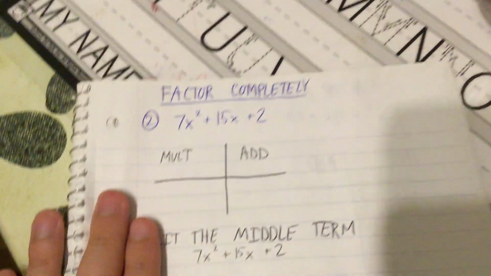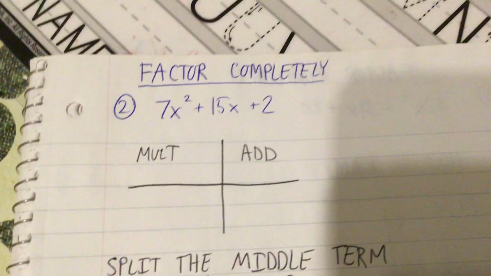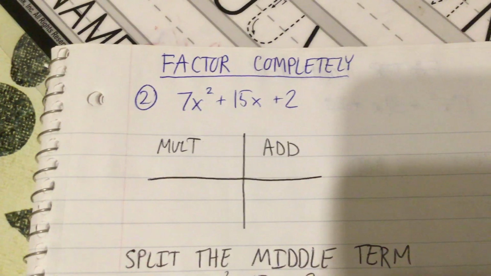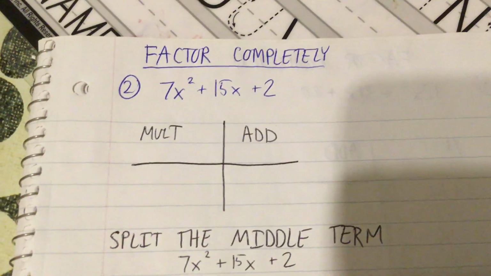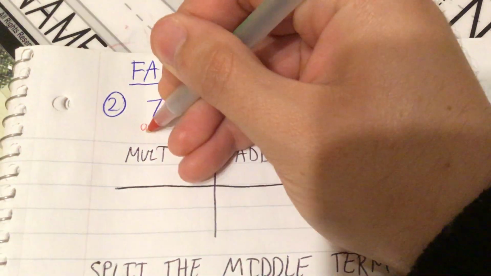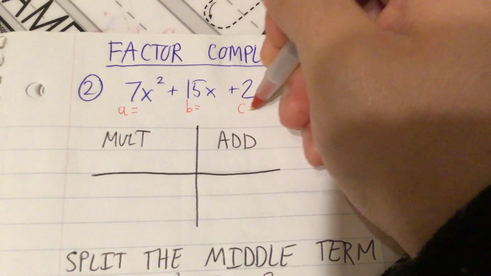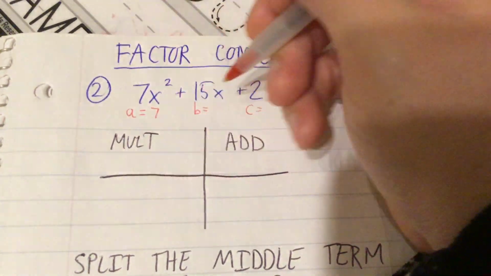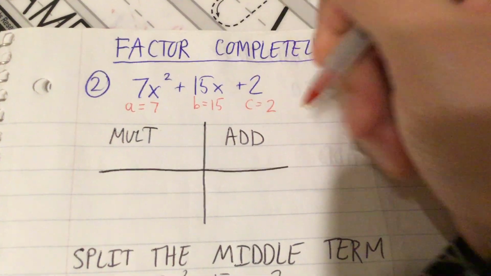Okay? All right, let's see if we can do this problem number 2 a little bit slower so that we don't mess up. Okay, so I want to factor completely 7x squared plus 15x plus 2. Well, what I'm going to do is label my A, my B, and my C. My A is 7, my B is 15, and my C is 2.